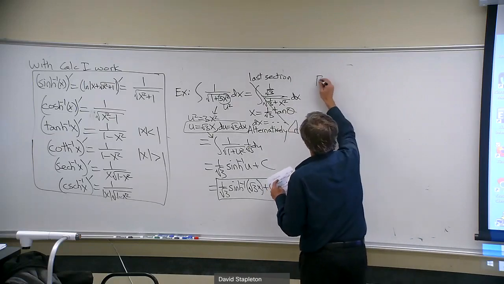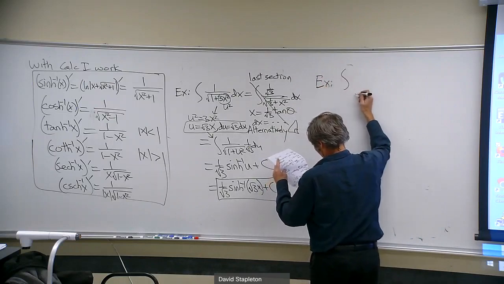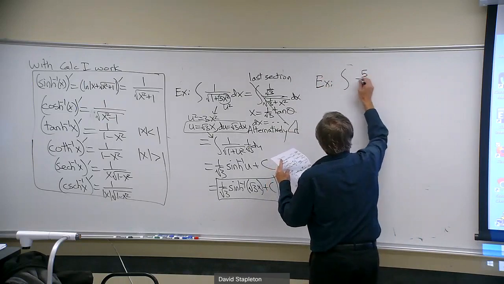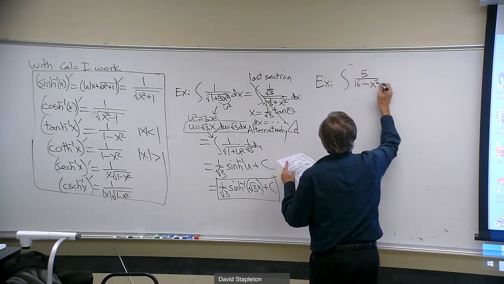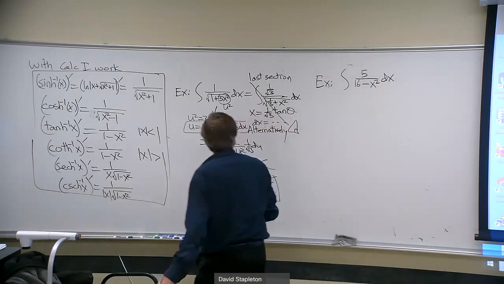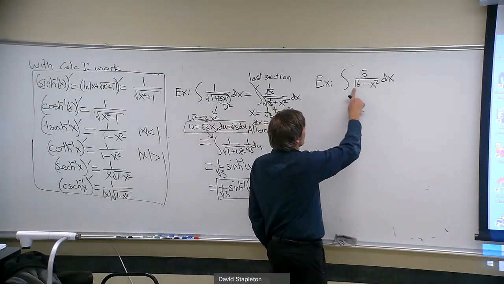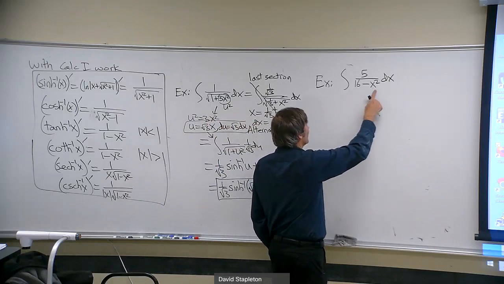Suppose I wanted to evaluate the integral of 5 over 16 minus x squared with respect to x, right? Last section, I could do this. I can think of this as 16 minus x squared.